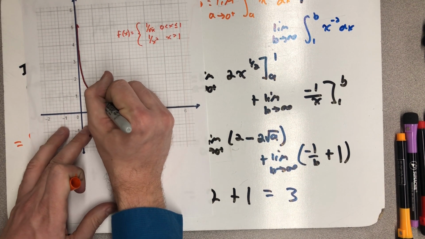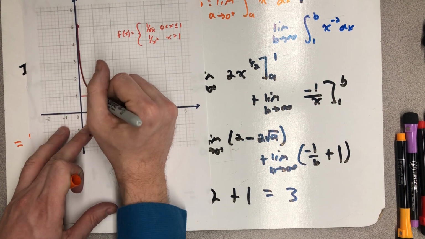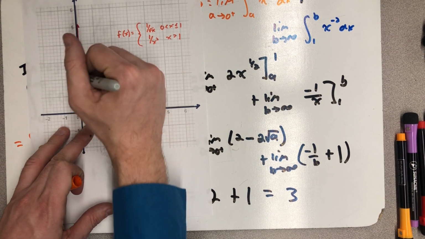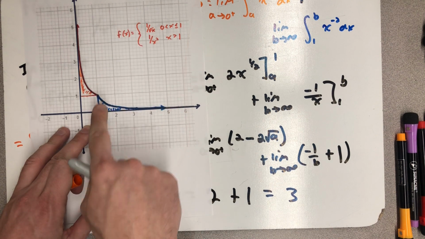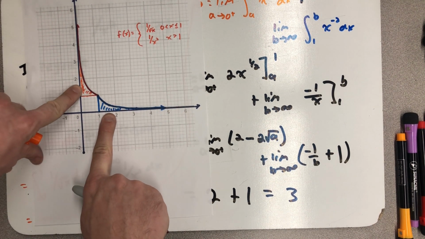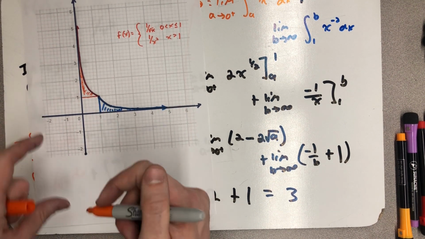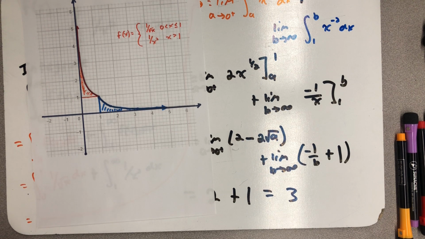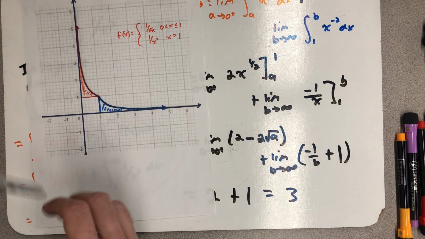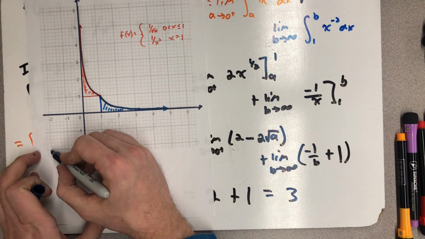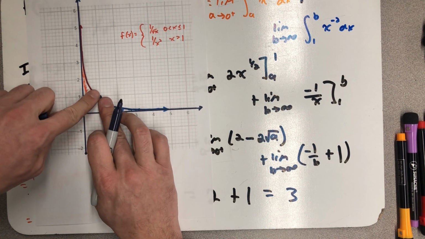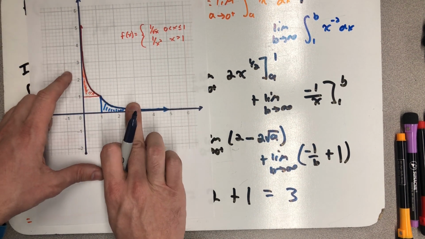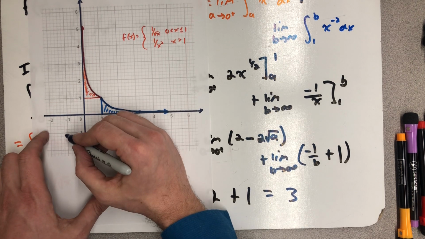But what I would like to point out now is that this blue area and this orange area look to be the same. And the reason I say that is because these two graphs are symmetric over the line. Two graphs right now, I'm thinking about the 1 over root x side and the 1 over x squared side. It's really just one function.